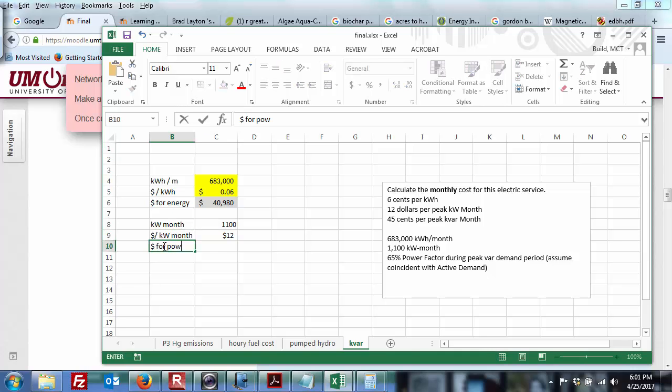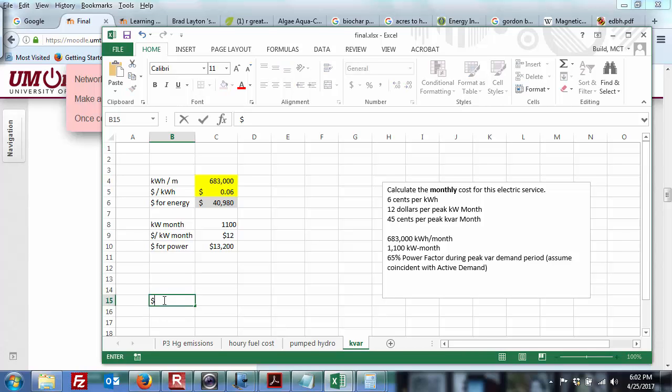Dollar for power, times. 45 cents per peak kVAR month. Let's want to do a little calculation, so we'll leave some money here.